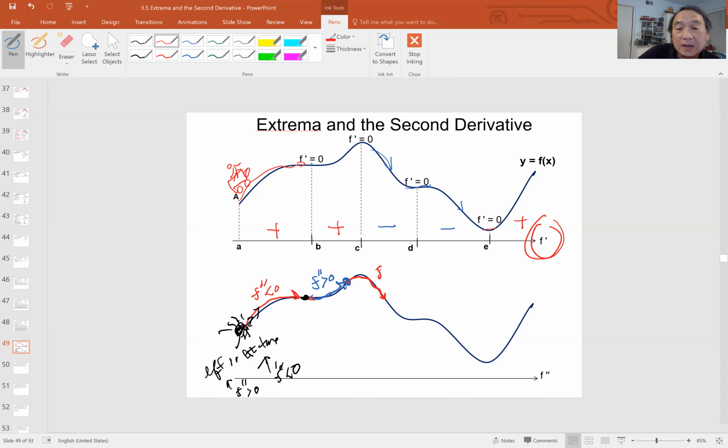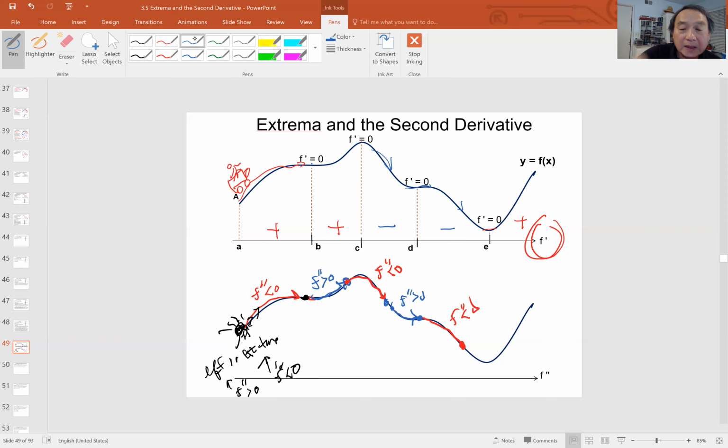So this, again, is a stretch that's concave down. And then from this stretch, the bug crawls, and now it's making a left turn until it gets to these points. So this is concave up. And now it's making a right turn to somewhere over here. So this is concave down.